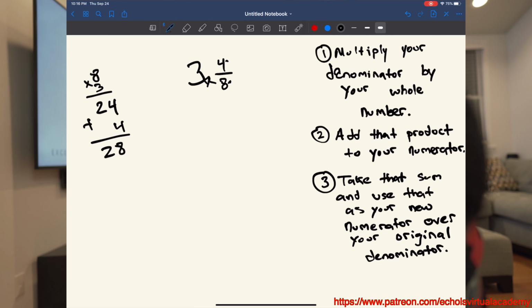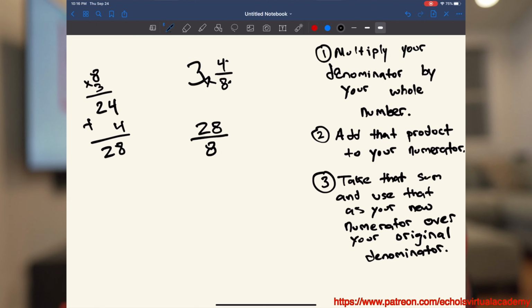So you take your 28 and you put it over 8. So your improper fraction is 28 over 8.